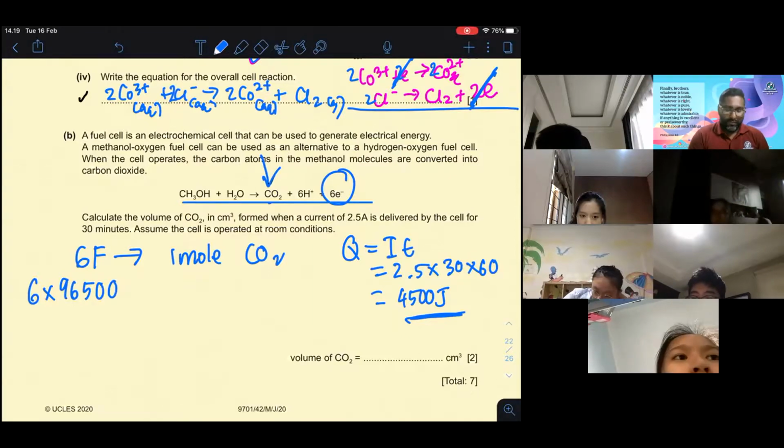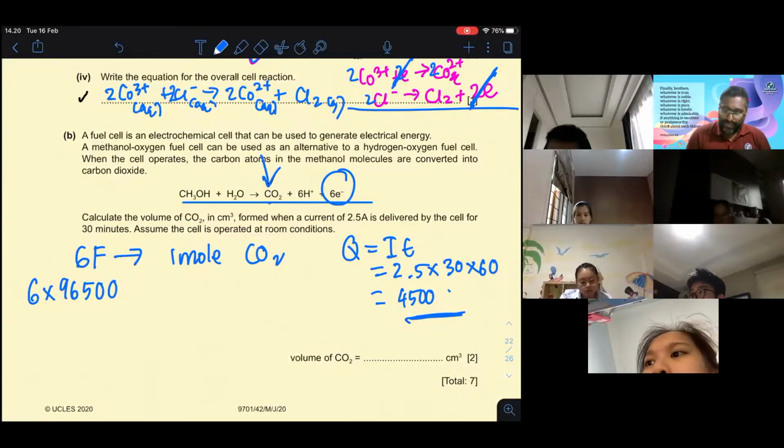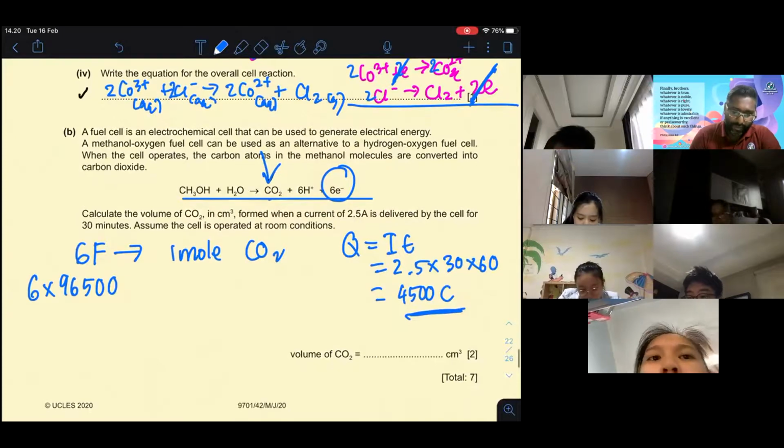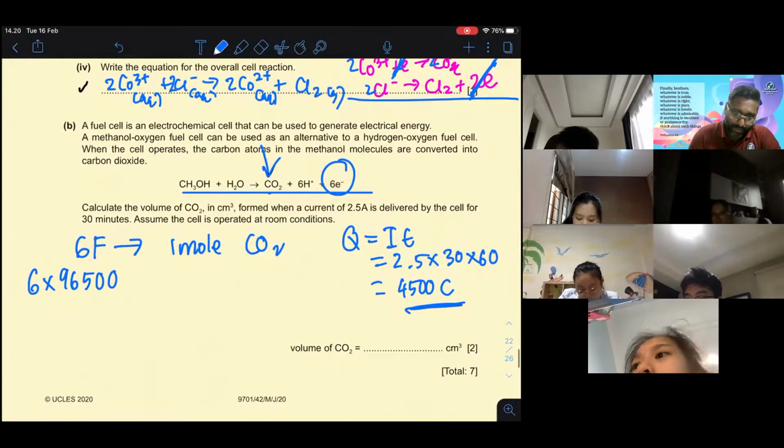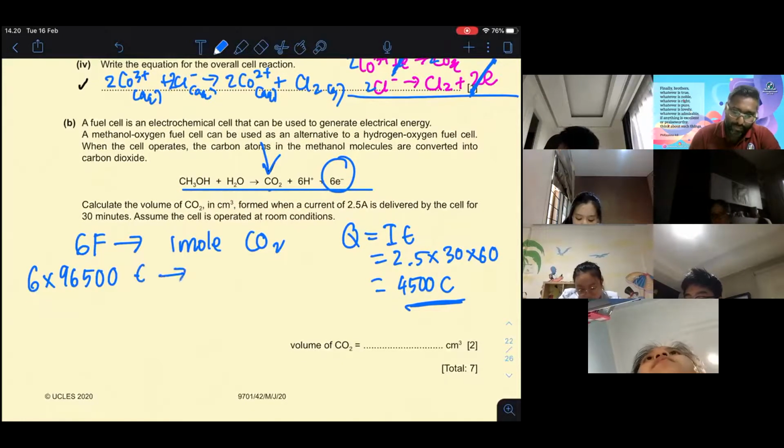Sorry, this is coulombs. So how many coulombs will give you 1 mole of CO2?